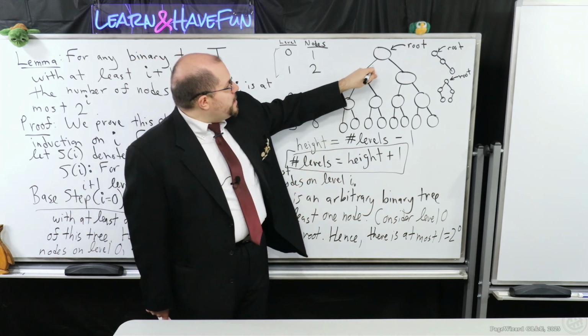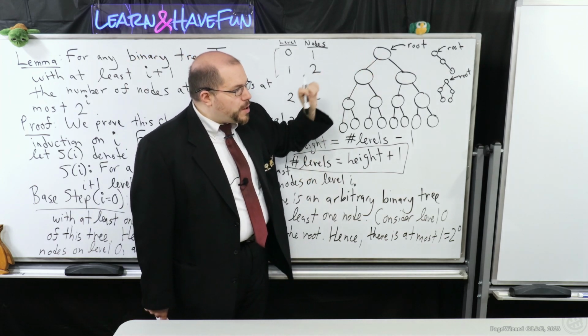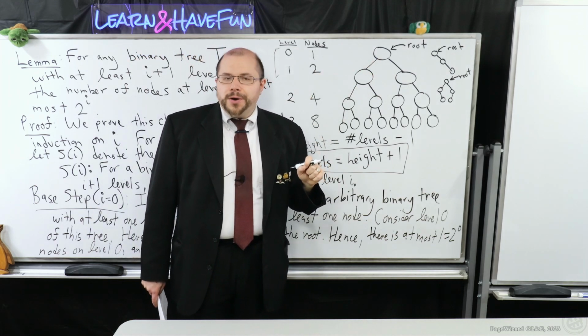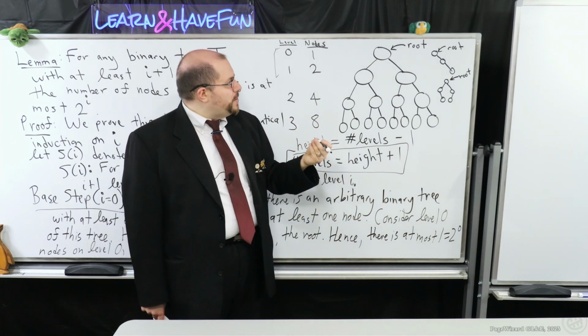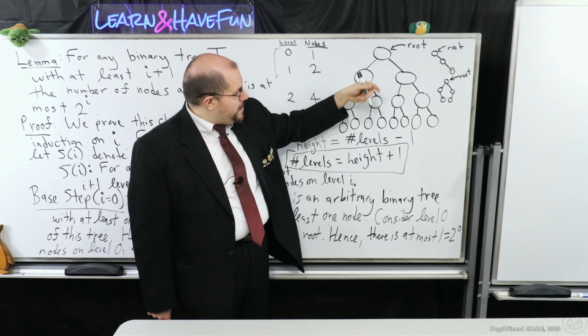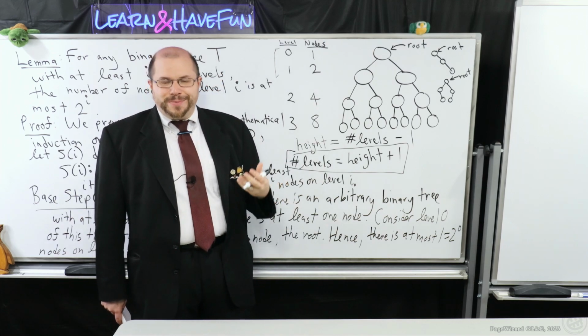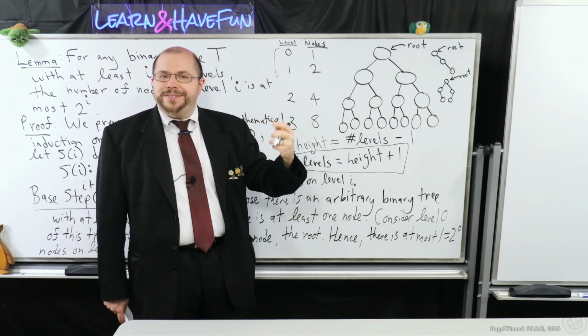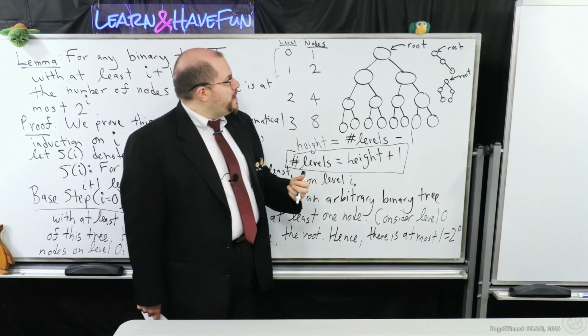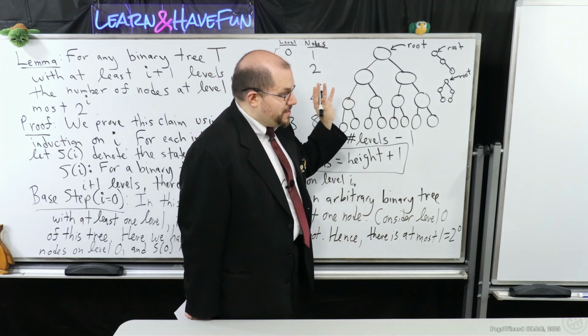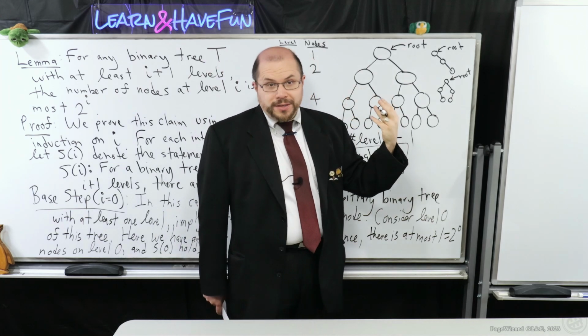But here's the thing: in a binary tree, how many children at most are there for a node? If I look at an internal node, like this one here in our particular example, how many children can you have at most? By definition, it's at most 2 because it's a binary tree. But notice it doesn't have to be the case, so your argument has to work regardless of that fact.